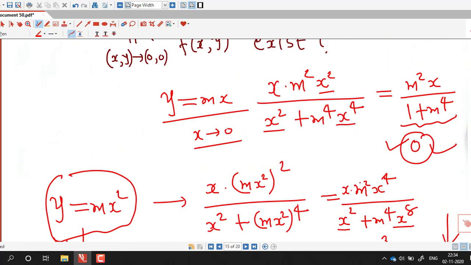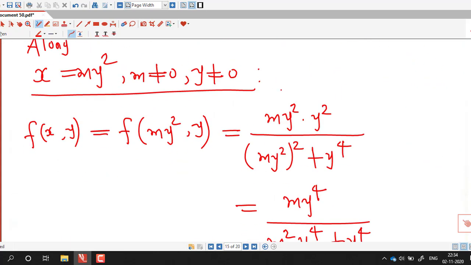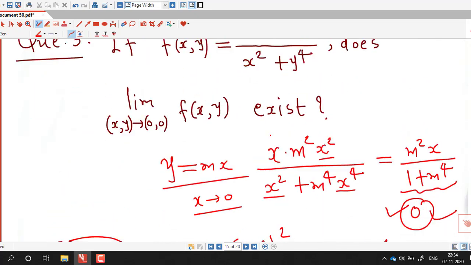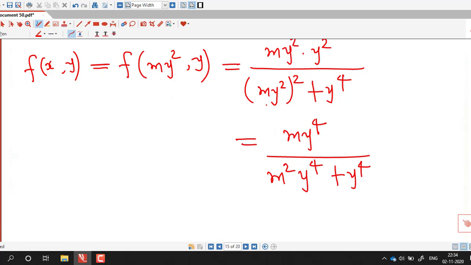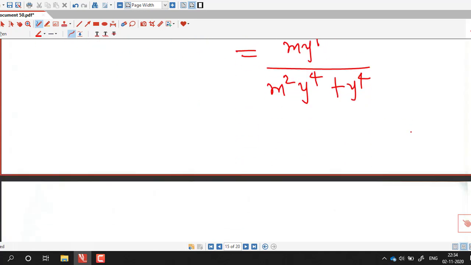Okay, let me check again. In the numerator we have x into y square, so x is m y square into y square. In the denominator we have x square plus y raised to 4, so x is m y square squared plus y raised to 4. Okay, so this is fine. m square y raised to 4 plus y raised to 4.